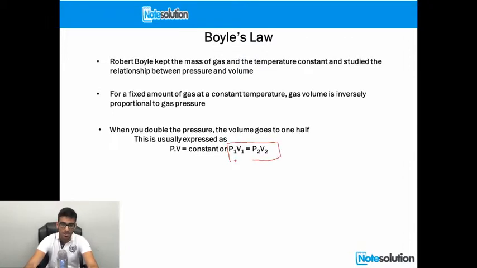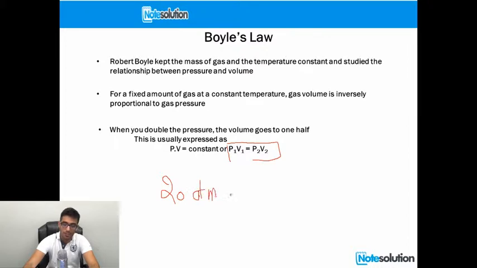What do we mean by that? Let's say we have a gas at a certain volume and a certain pressure. Let's say the volume was 10 centimeter cube, and the pressure at 10 centimeter cube was 20 atmosphere.